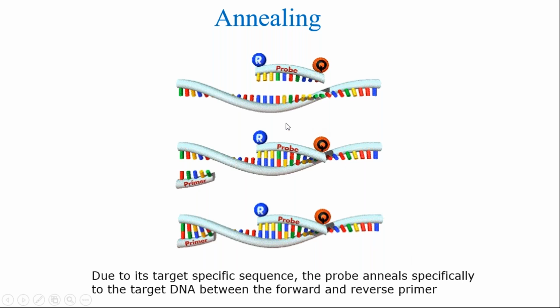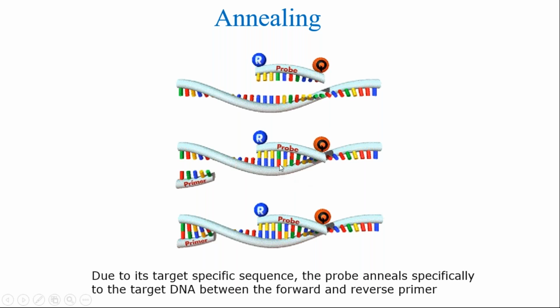In addition, the probe that you have made, which has a reporter at one end and a quencher at the other end, is designed such that the distance is such that the fluorescence of this reporter is quenched, or taken away, by this quencher.